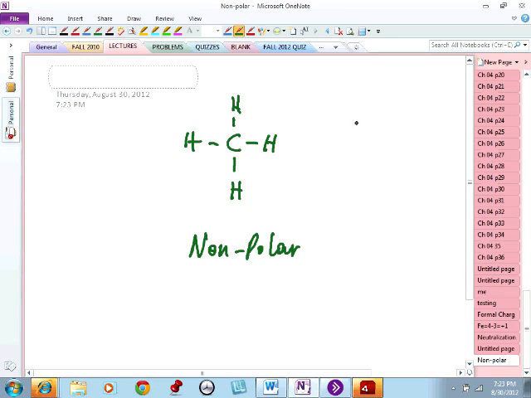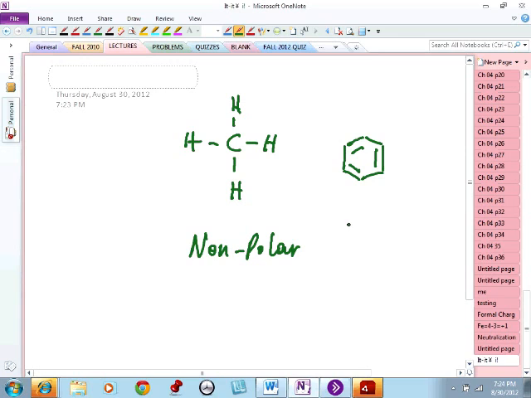Supposing I give you this molecule here, do you expect it to have a dipole moment? The dipole moment will be 0 because it is symmetrical.